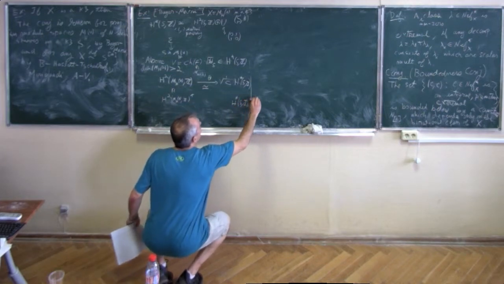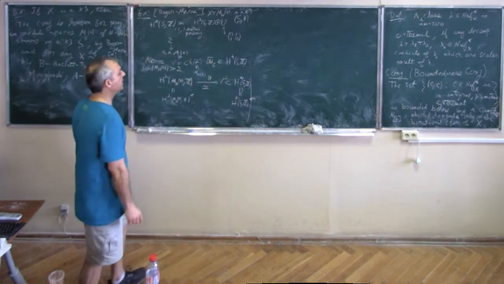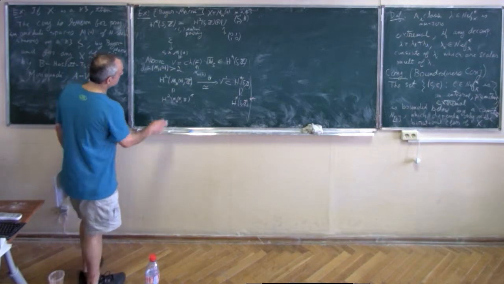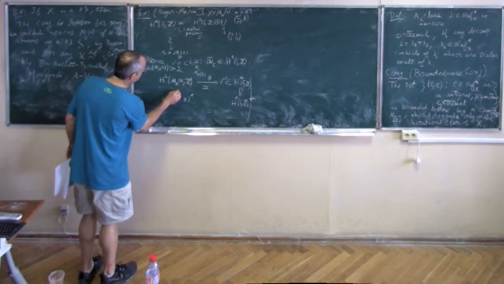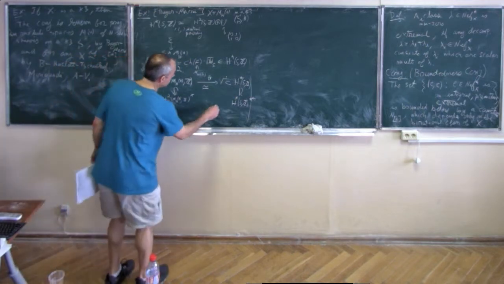Anyway, we have the dual, but these are isomorphic via the Mukai pairing. This is a unimodular lattice, and this is actually only contained as a lattice. And so we have the adjoint.